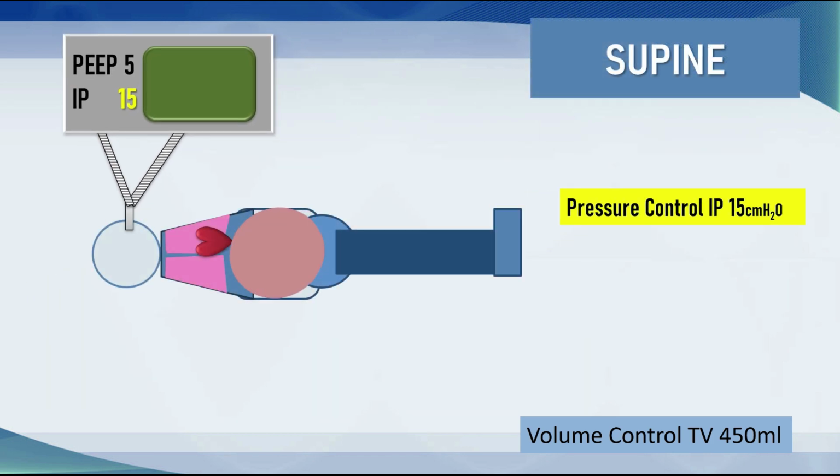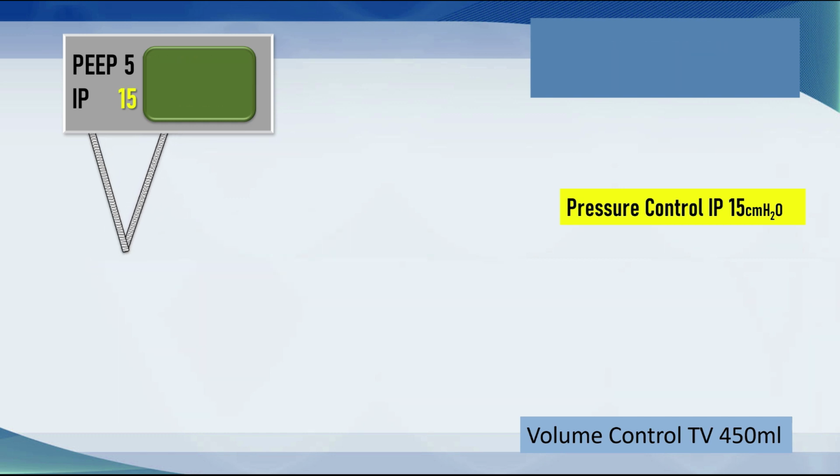Now Charlie is lying supine, and you can see that there is a posterior cephalad displacement of the diaphragm causing significant compression and airway closure to the posterior dorsal segments of the lungs. The left lower lobe bronchus is being compressed by the heart. The tidal volume has now dropped to 400 mils. Again, volume control Charlie in the parallel universe is still getting 450 mils tidal volume.